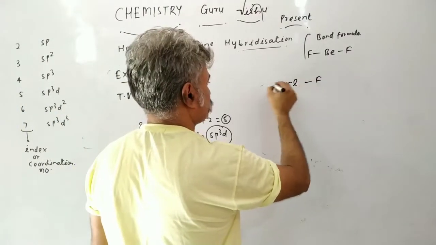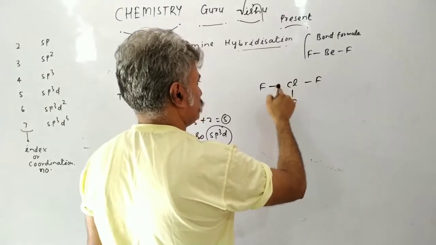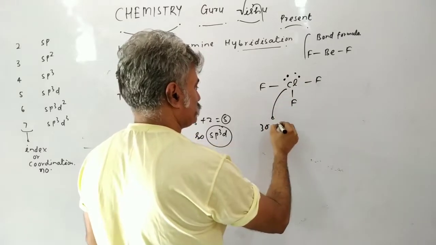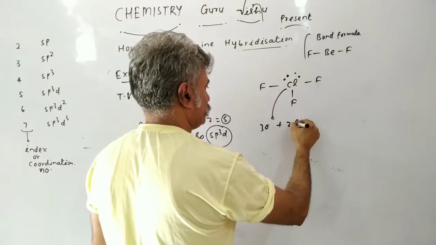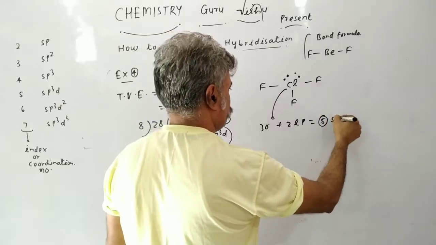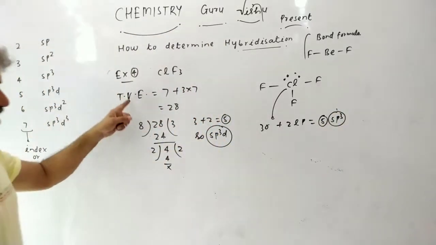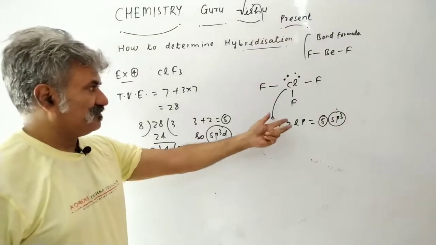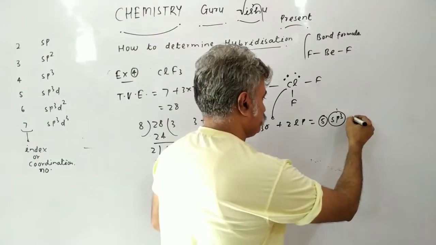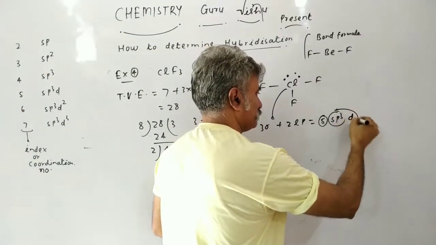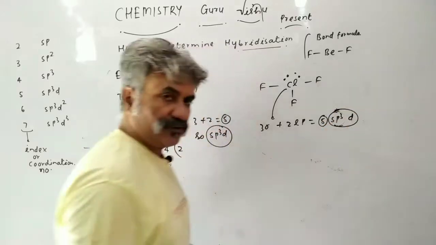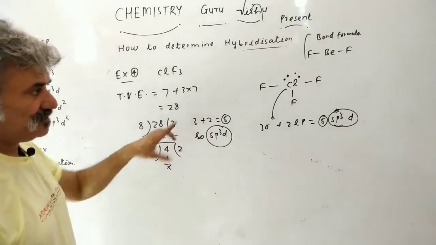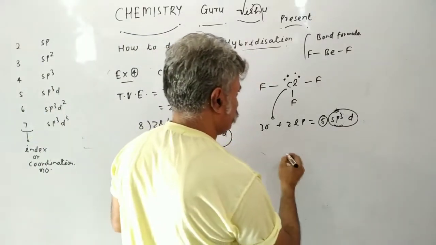Now using my method. Firstly draw the complete structure. 1, 2, 3 sigma bonds, 2 lone pairs, total 5, so sp3d. In this method, we predicted hybridization sp3d, which is correct. But what after this hybridization? It cannot be predicted by the other methods, but this method is capable.